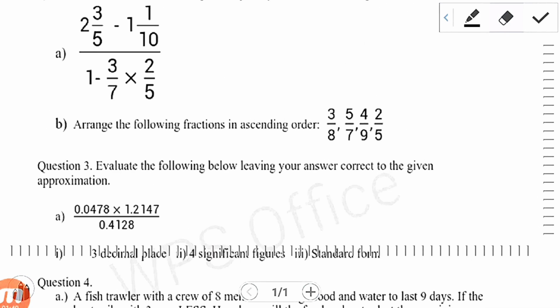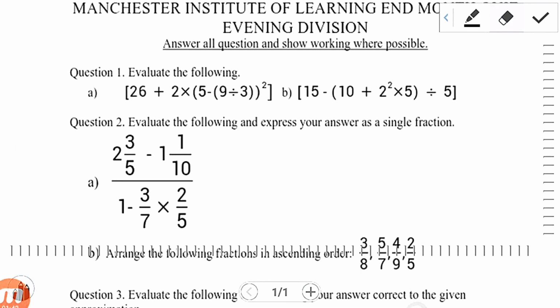So I'm going to be walking you through the whole entire paper here, and I hope that at the end of this video you're able to see clearly what you should do in situations like this. For the students watching this tutorial video to get corrections on their exam paper, going forward you'll be able to apply these very same skill sets to improve and get better grades as you move forward.